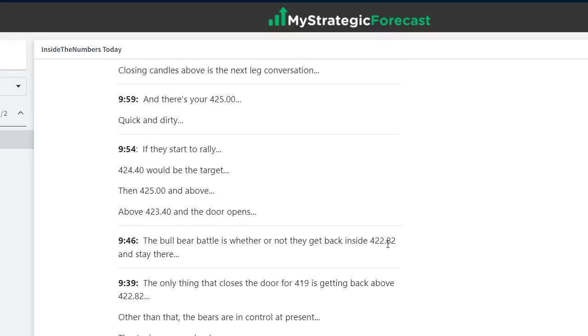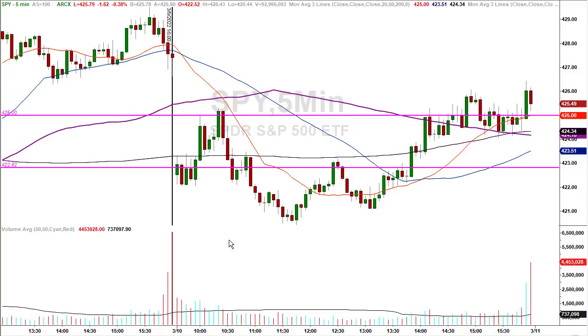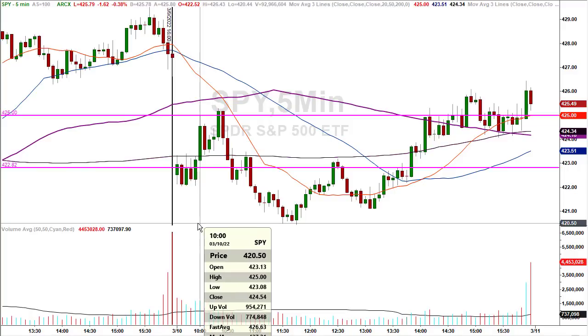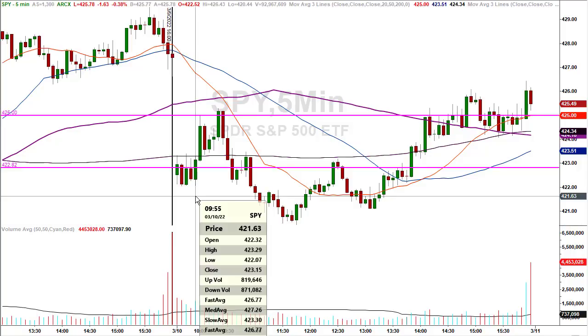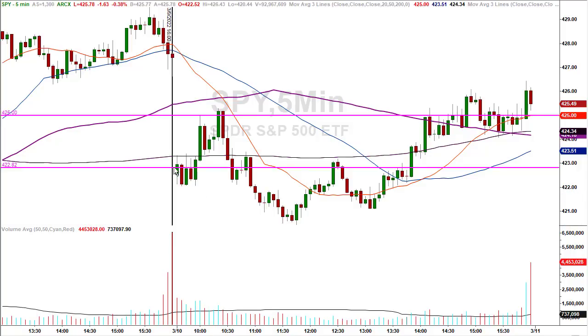The bull-bear battle is whether or not they get back inside 422.82. Let's say they do. If they start to rally, 424.40 would be the target, then 425 and above. This was posted at 9:54. I've moved the top line down to 425. This candle closed at 10 o'clock. The previous one closed at 9:55. The post was while price was down here near 422.82, 92, 423, in that neighborhood.